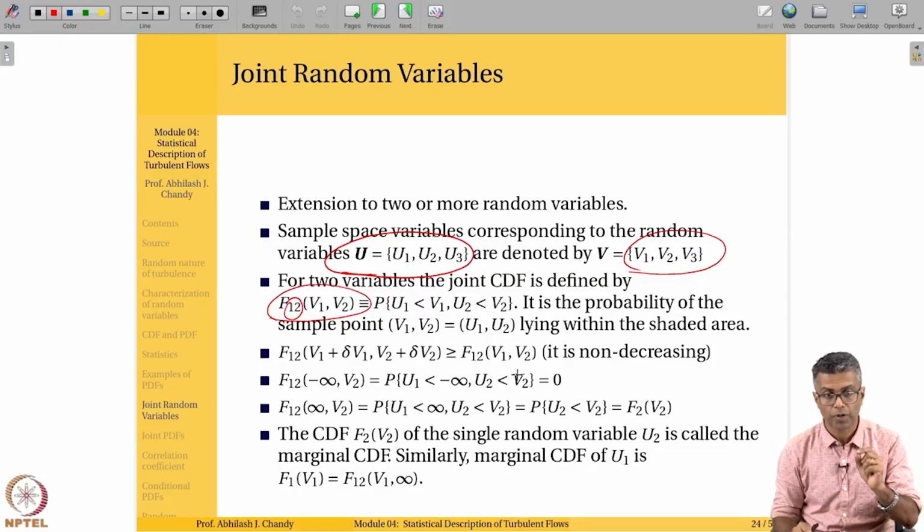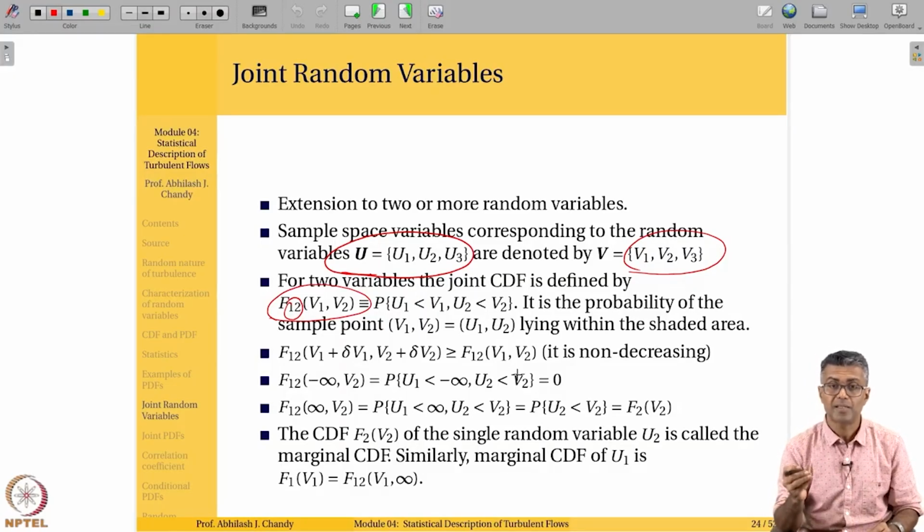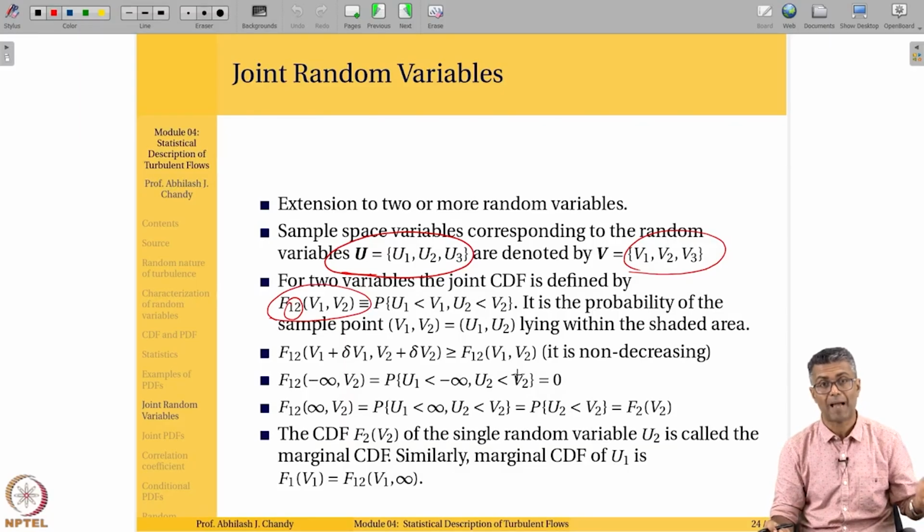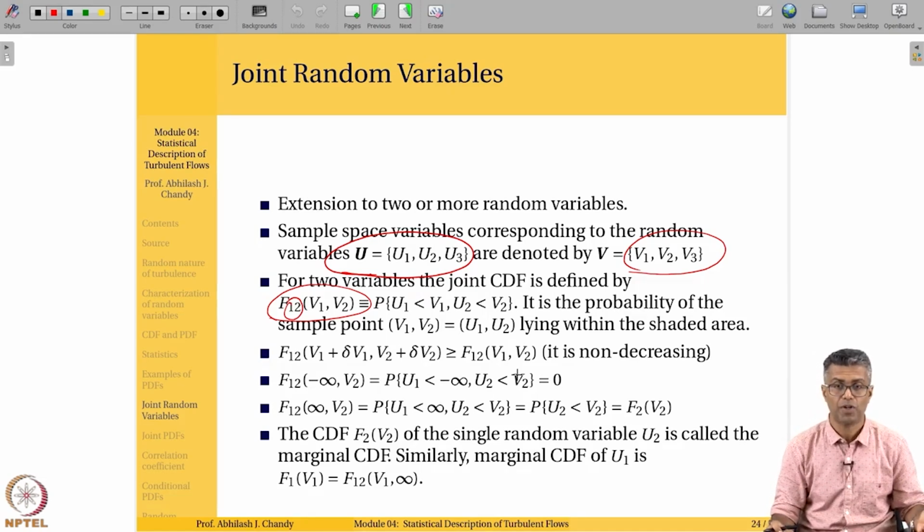Keep in mind, one point I want to make here is the CDF is a function of the sample space variable. So F of V, U is the random variable itself, whereas V is the sample space variable. So your CDF is a function of the sample space variable. So is your PDF.